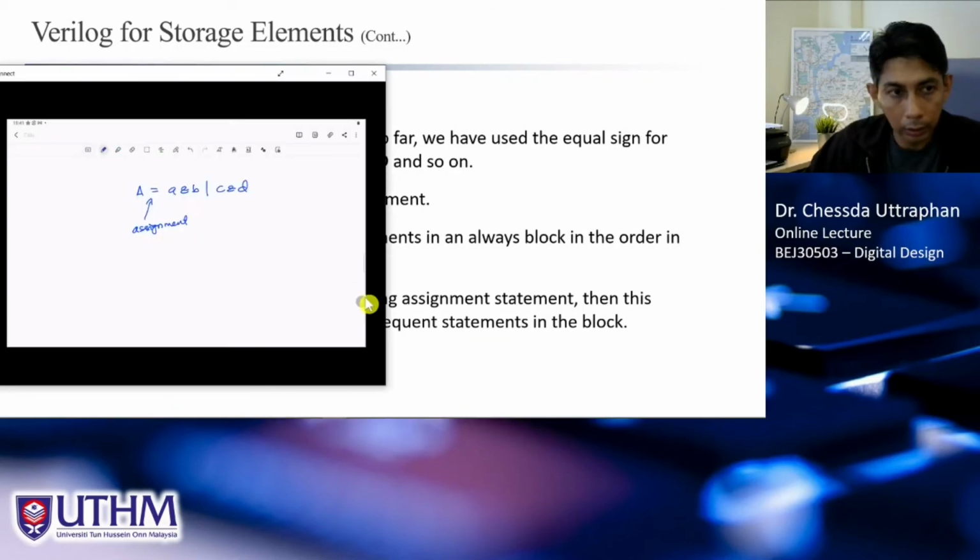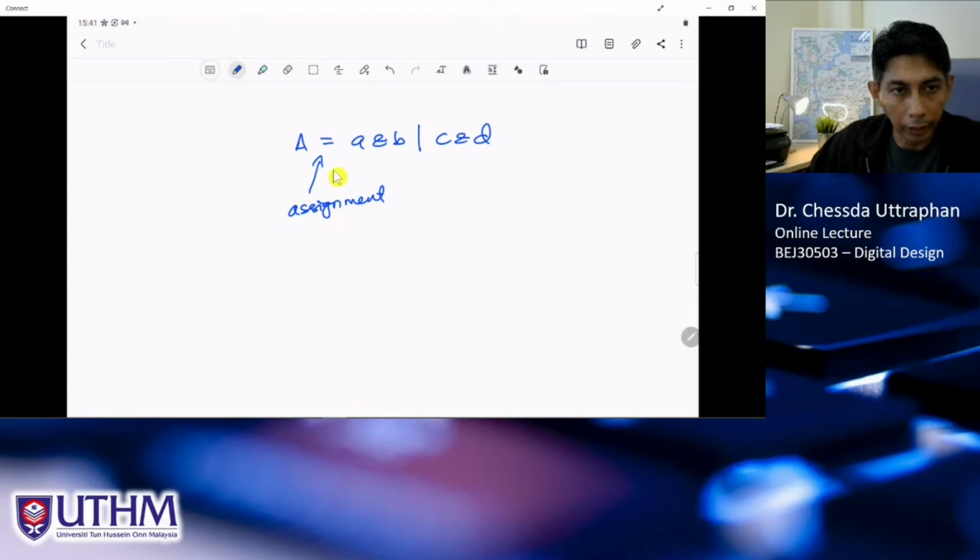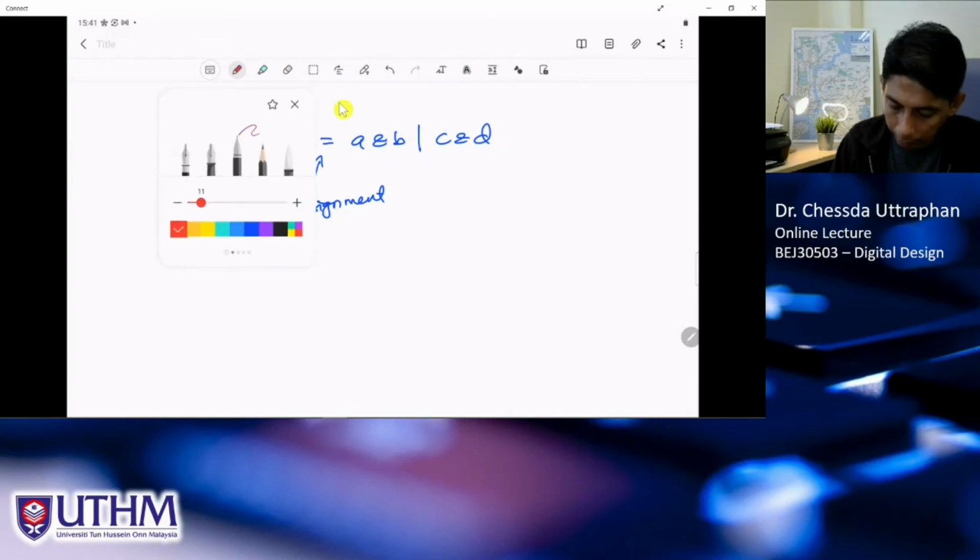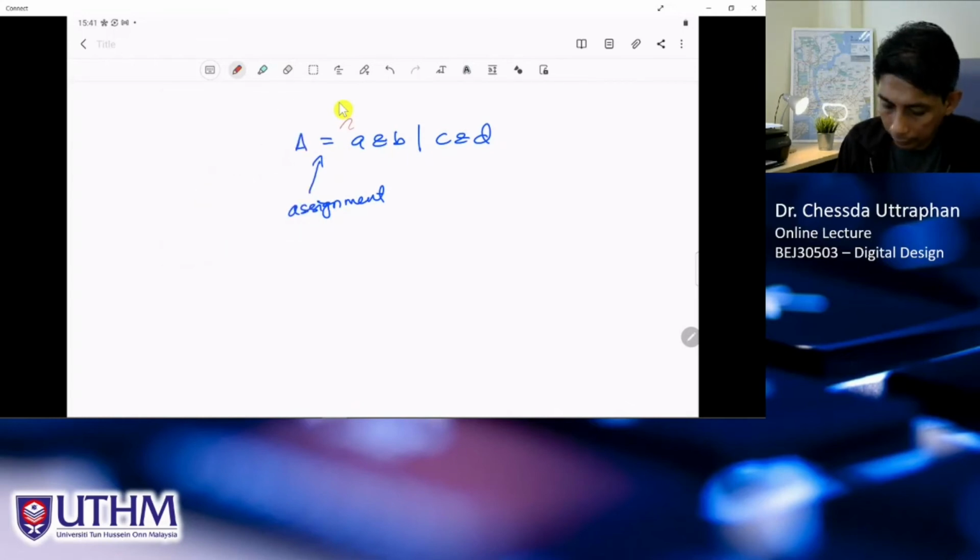The equal symbol is the assignment. And up until now, before chapter 4, the symbol of assignment is this, equal.